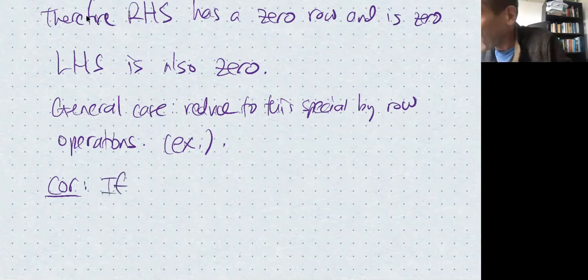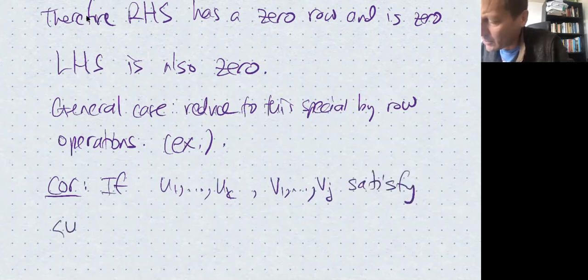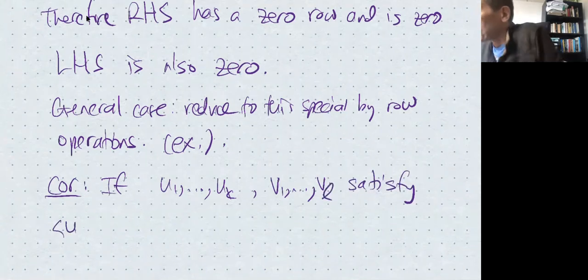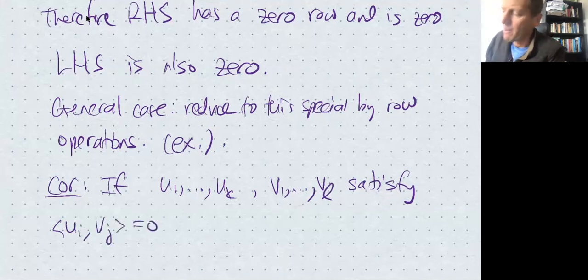Suppose you have u1 up to uk and v1 up to vl, and suppose they satisfy that ui and vj are orthogonal to each other for every i and j.